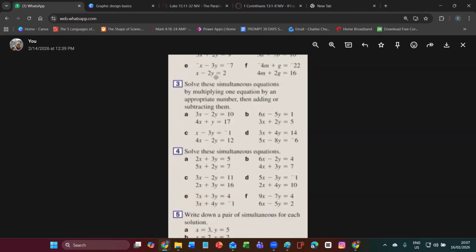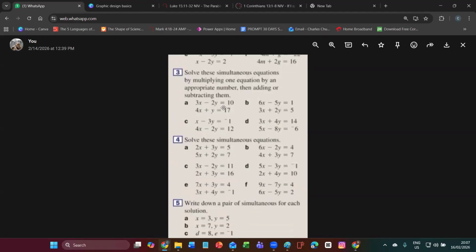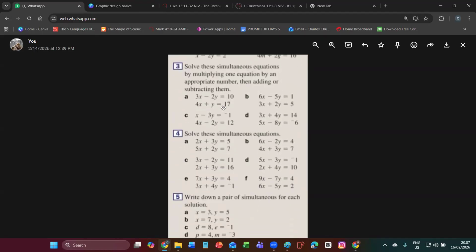The real cases, most of the questions that you would see in simultaneous equations, are number three and number four. You would see that their coefficients are not the same, so you need to change them, the way I just solved this other one.